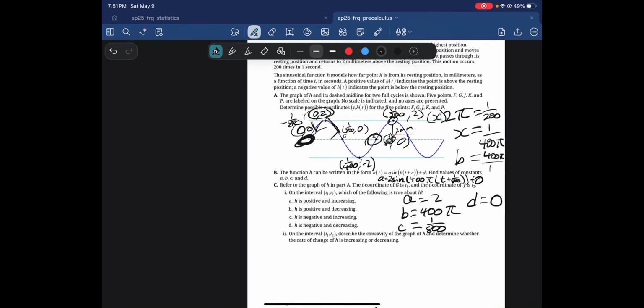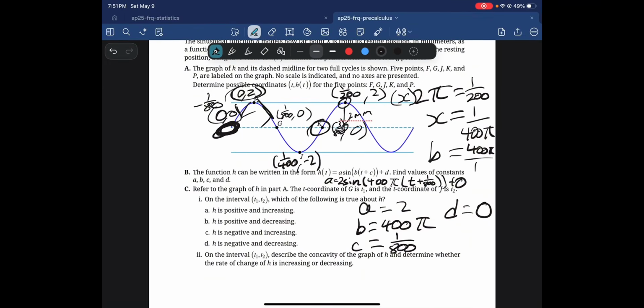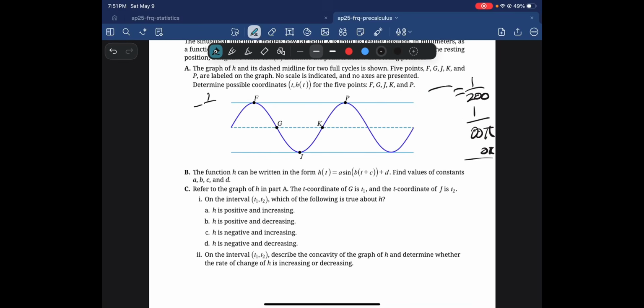Okay, now on the interval, it tells you G. Let's actually erase a lot of this stuff, this is all very much in the way. Please tell me you guys wrote that down, because I'm not writing all that down again. Okay, so G, T1, T2. On this interval, what is happening about H?